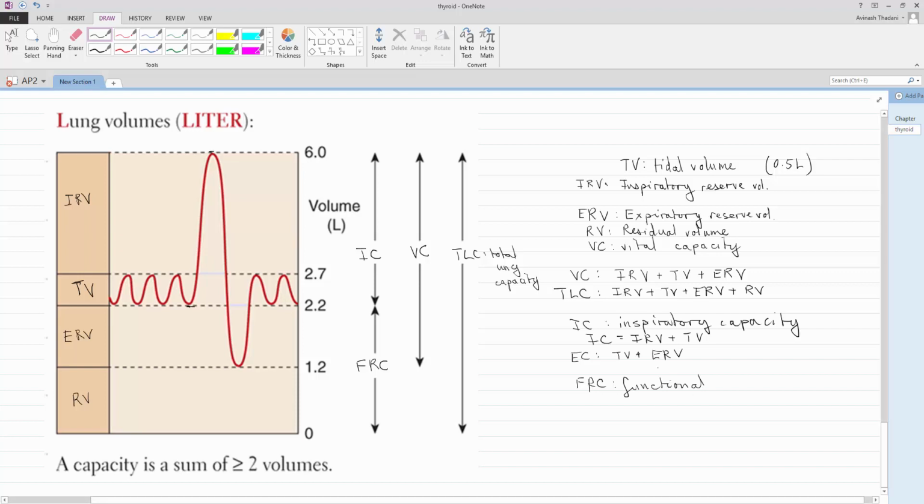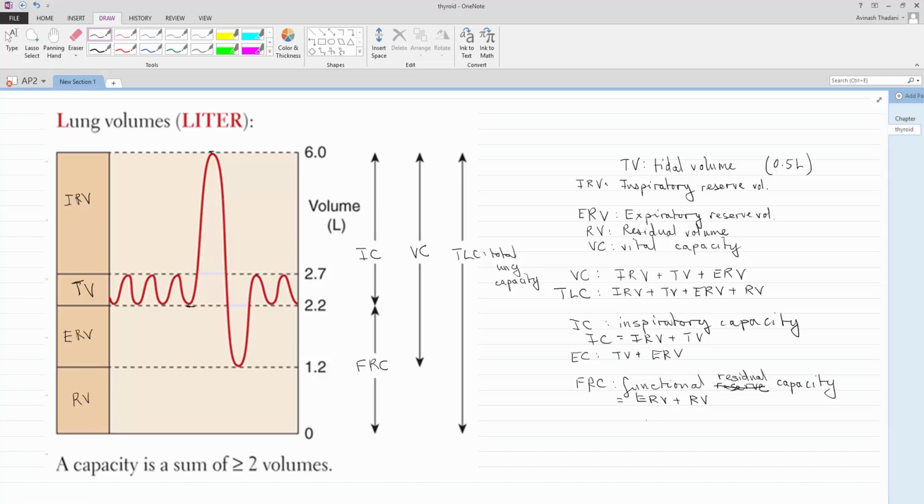Let's write that again. Functional residual capacity is equal to expiratory reserve volume plus residual volume. So that's usually the amount of air that remains in your lungs during regular breathing, right?